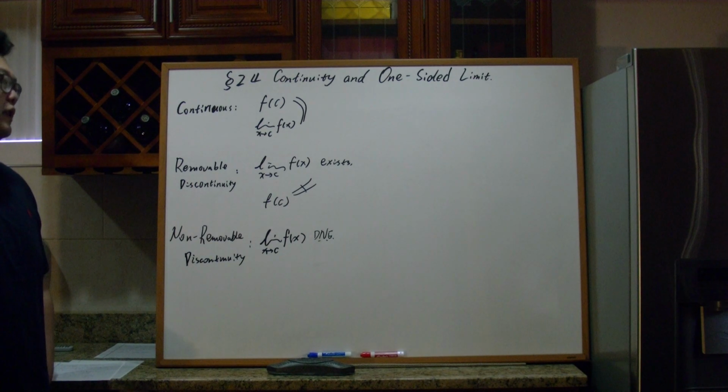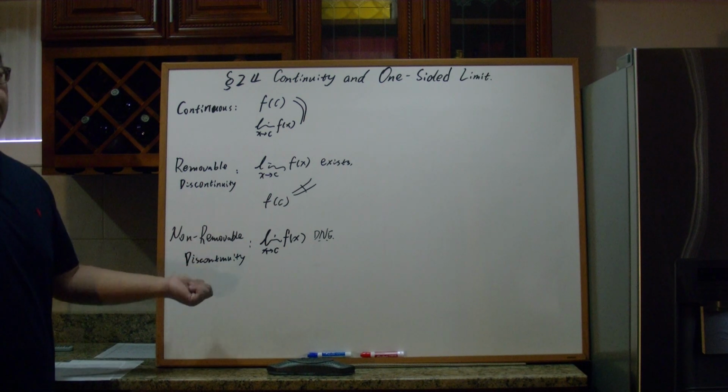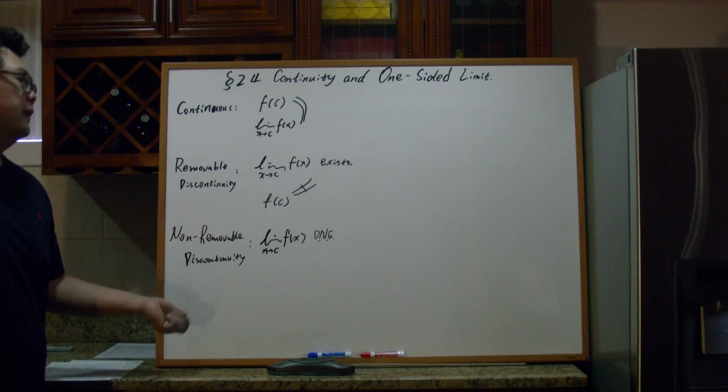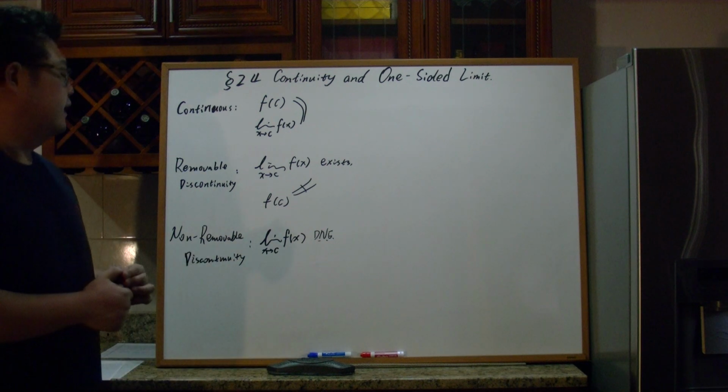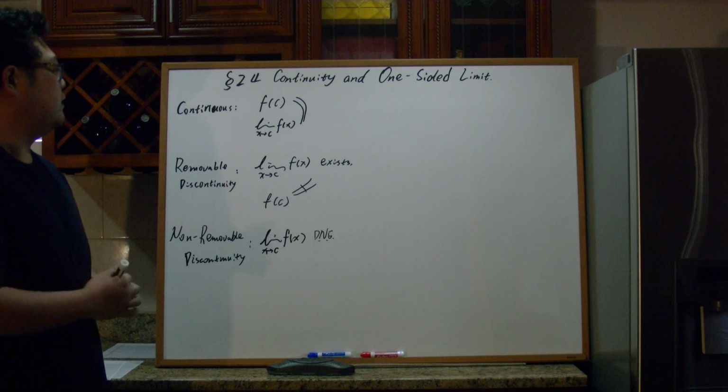How do we check that it does not exist? If the one-sided limits don't match, or the one-sided limit we get is infinity, then we can say the limit does not exist.